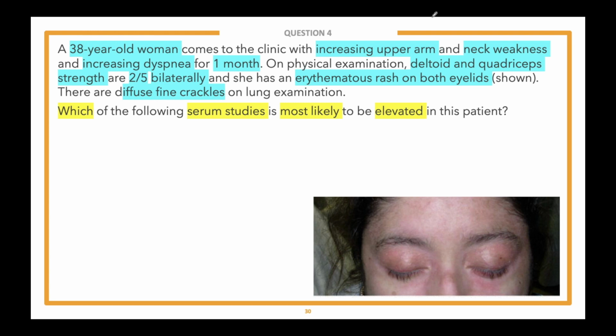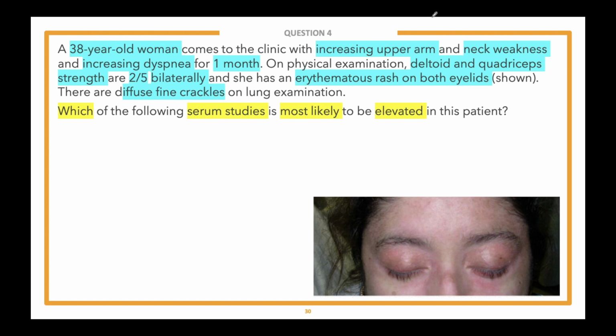A 38-year-old woman, why is she coming to the clinic? Upper arm and neck weakness, okay? And dyspnea as well. How long has it been going on for? 1 month. All important to make note of. They then give us a variety of physical exam findings, and all important to make note of as we are trying to answer this question.